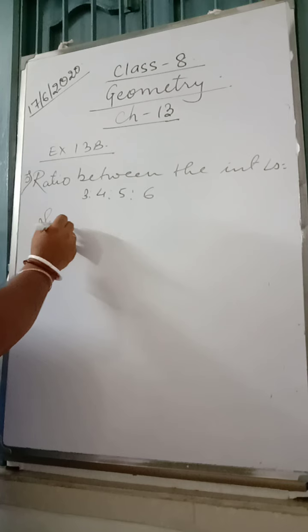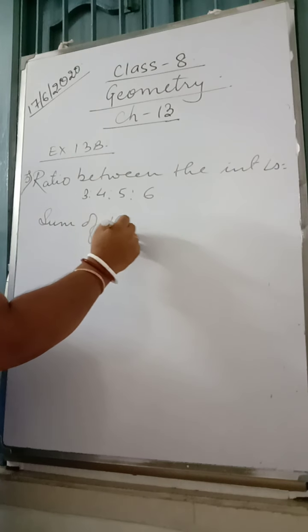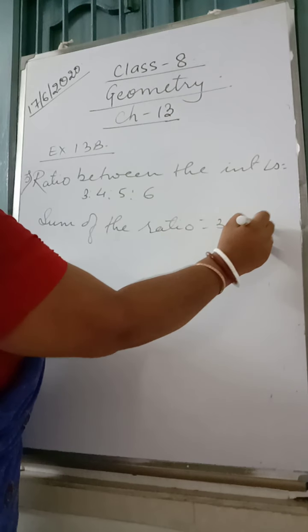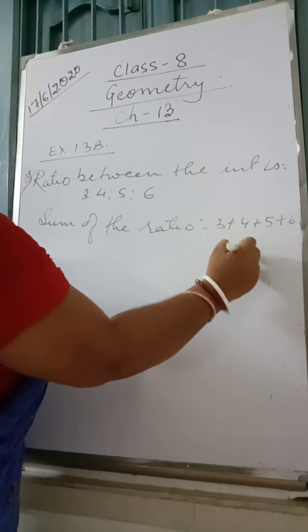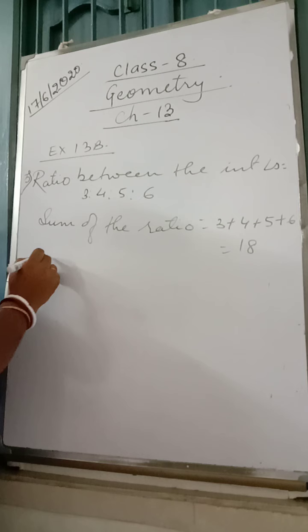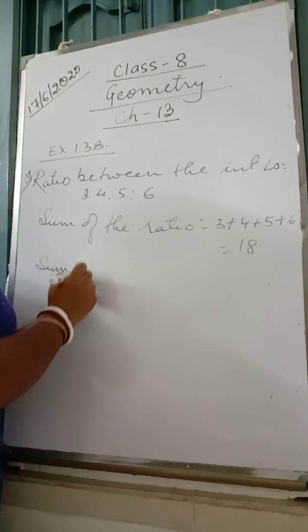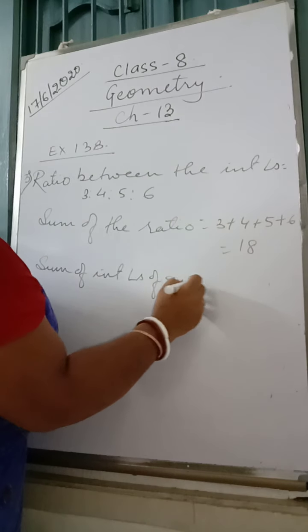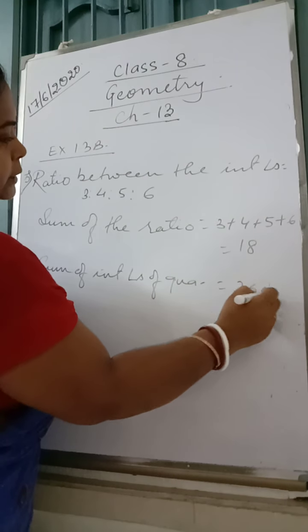So the sum of the ratio would be 3 plus 4 plus 5 plus 6, which is 18. The sum of interior angles of a quadrilateral is equal to 360 degrees.